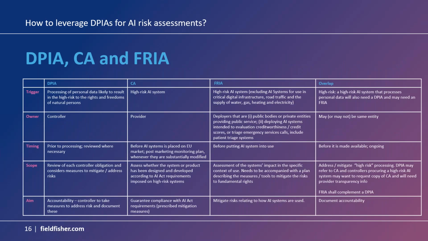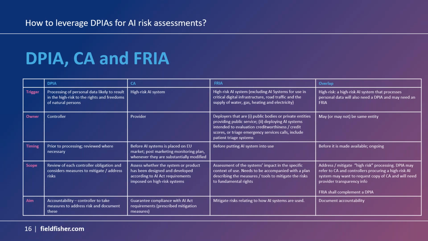So just to expand upon the point on how an organization can leverage their existing assessments, I have undertaken a comparison of a GDPR DPIA, a conformity assessment, and a fundamental rights risk assessment. There's far too much detail in this slide for me to go through it now, so this is something that hopefully you can do in your own time. But just to summarize, we can see a number of common elements across each of the assessments.